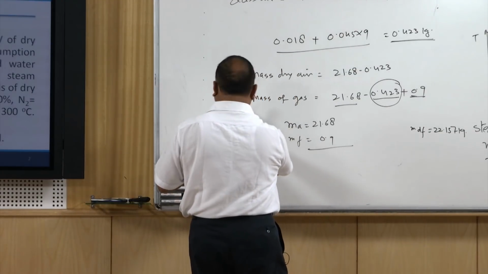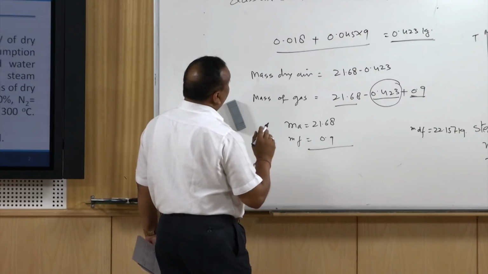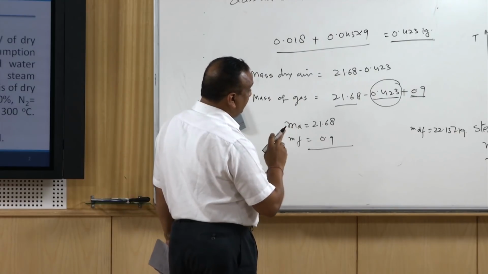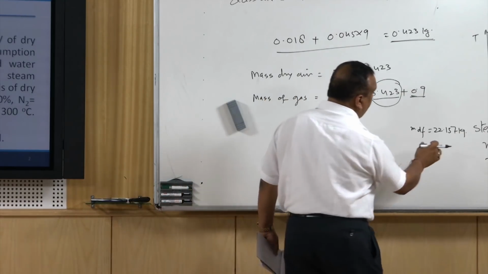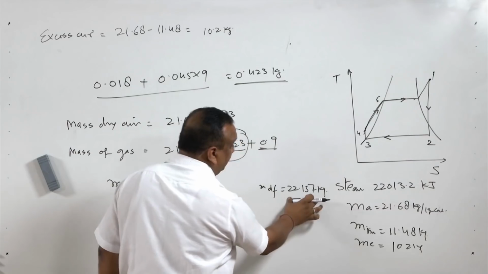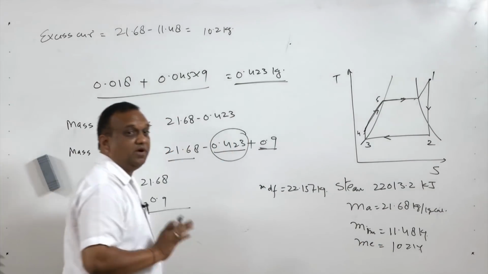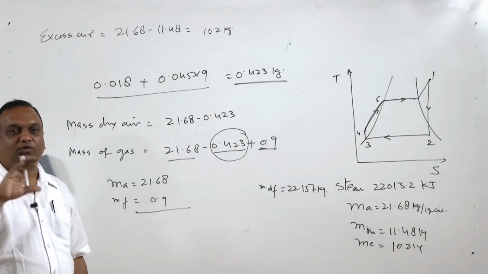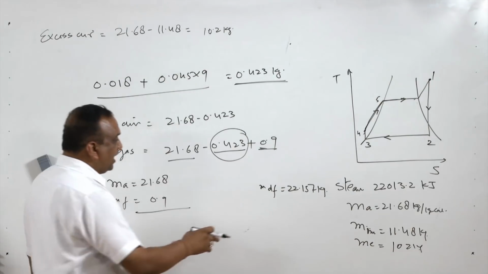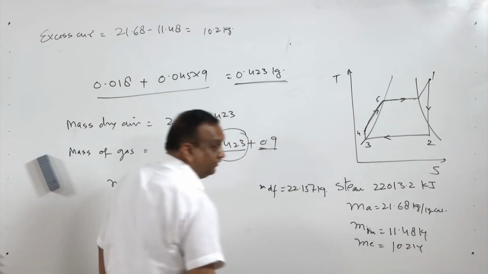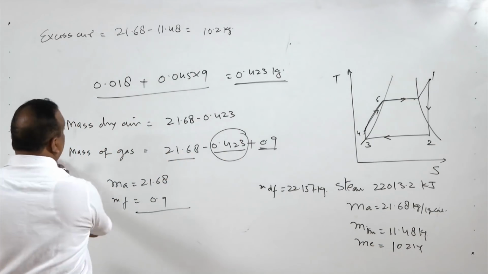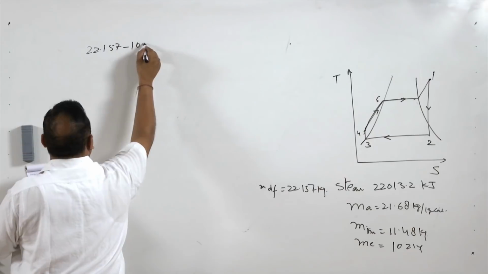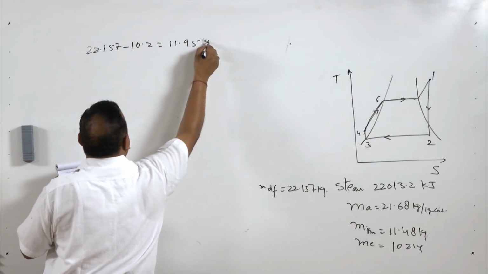Flue gases consist of the combustion products, excess air and everything. So if I remove the excess air from the mass of the dry flue gases, I will get the mass of the combustion products. So the mass of the combustion products is 22.157 minus 10.2, which comes to 11.95 kg.